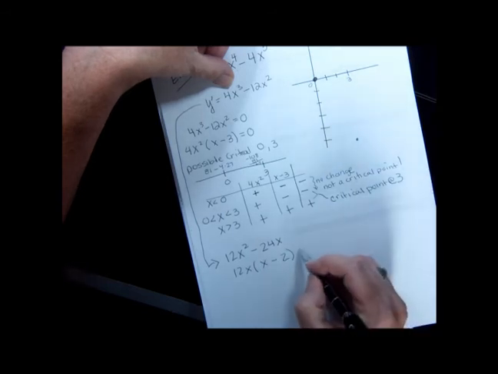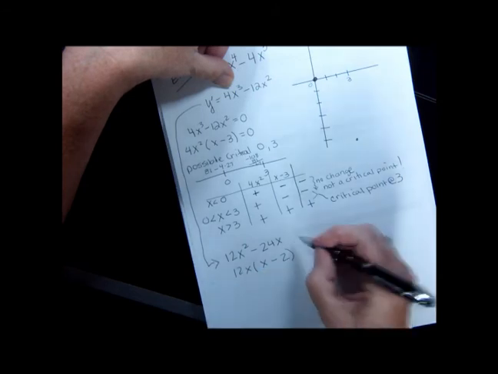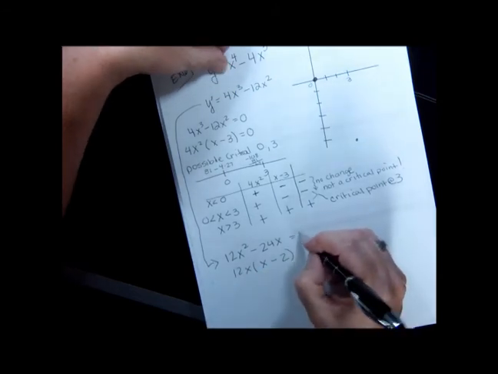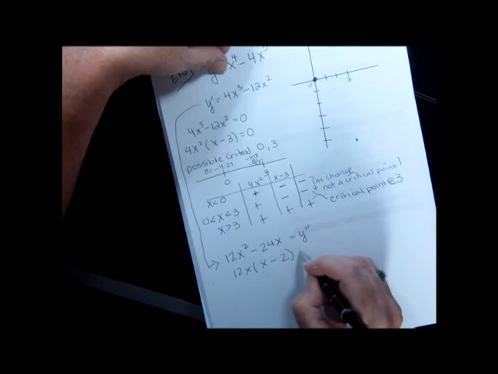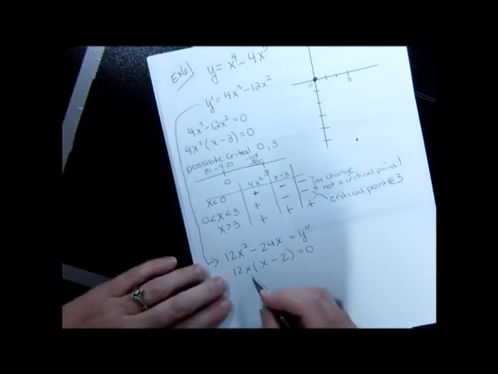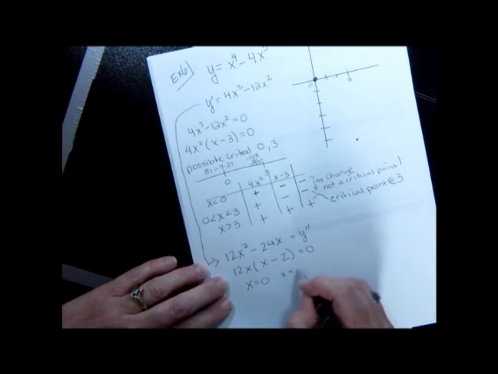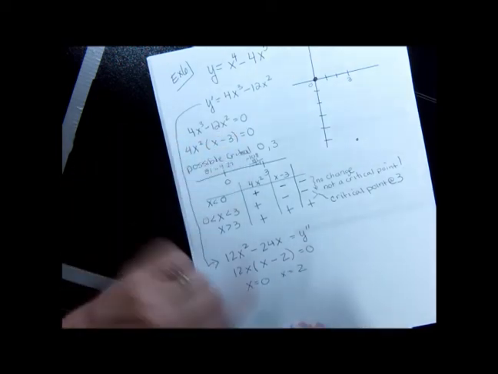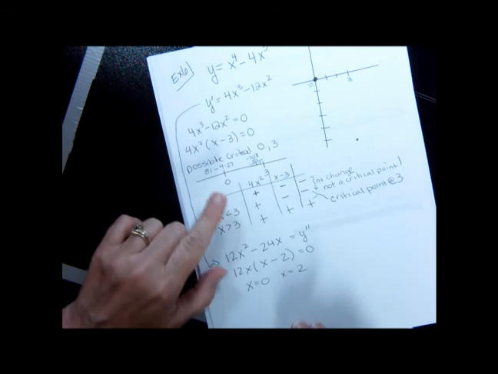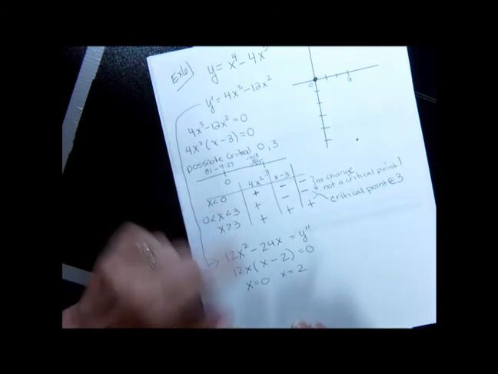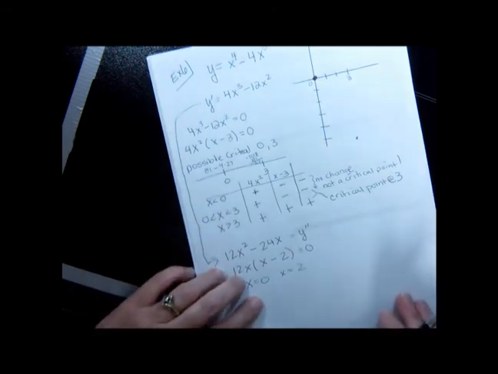For my second derivative, this again was my y double prime. I'm going to set this equal to 0. And I have x equals 0 and x equals 2. Well, interesting that I got 0 for both of them. Maybe since it wasn't a critical point, maybe it's an inflection point. So let's check that out and see.